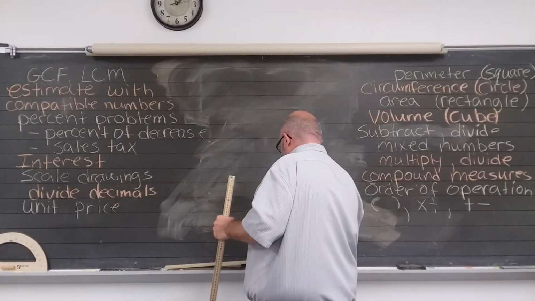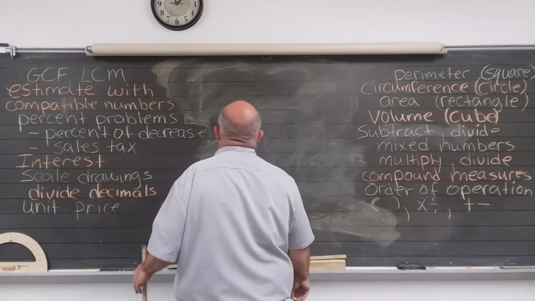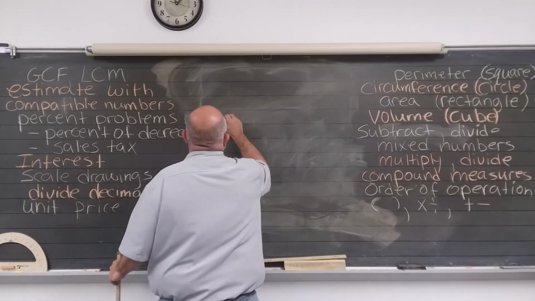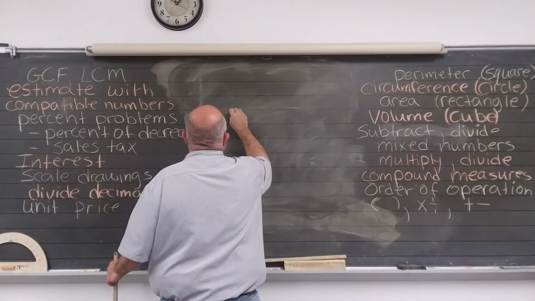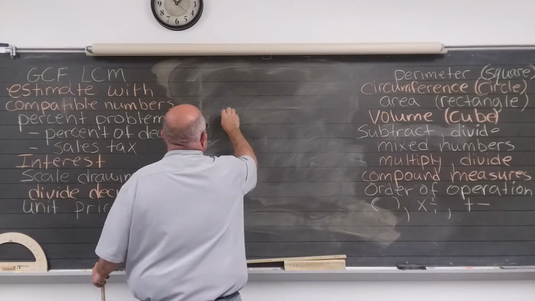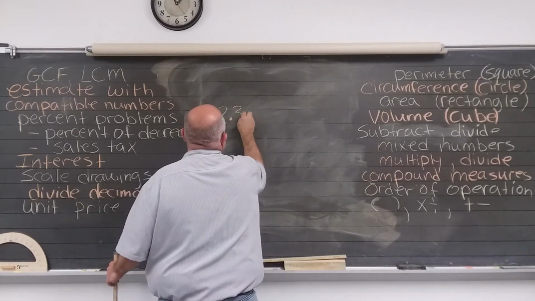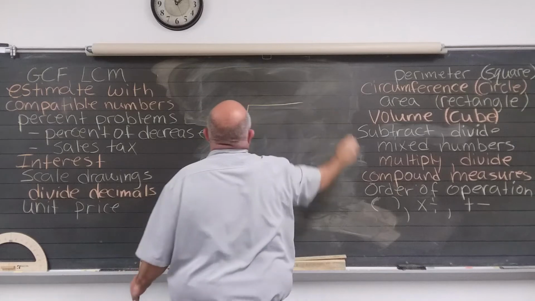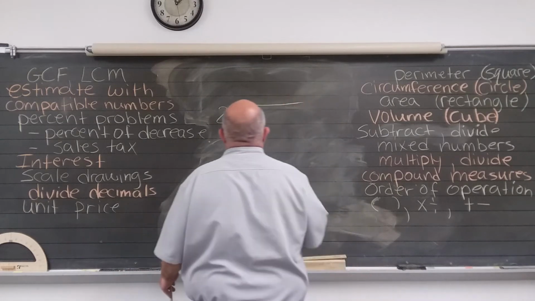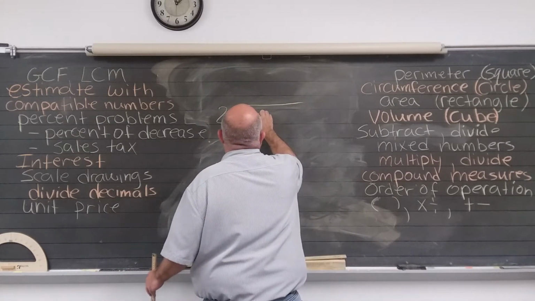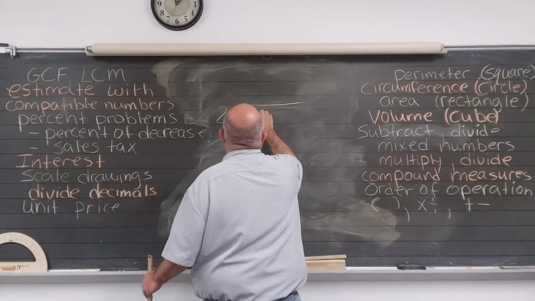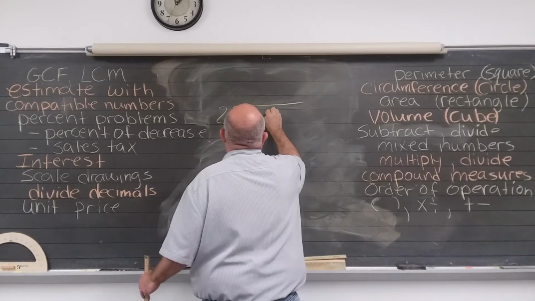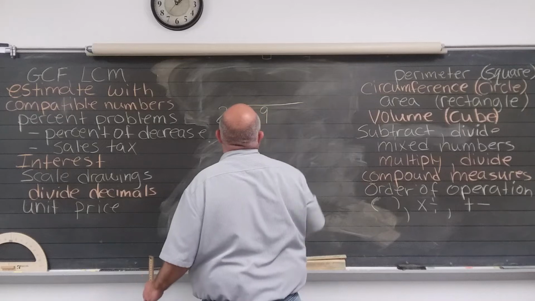All right, one more. Dividing decimals. So suppose I have a number like this. 2.3 into 0.39.